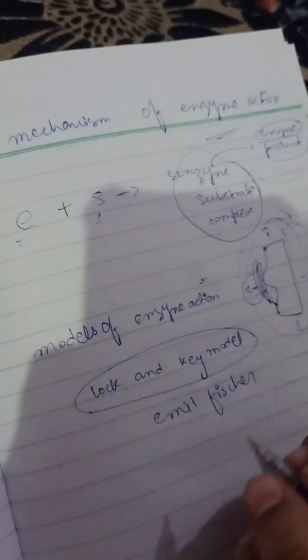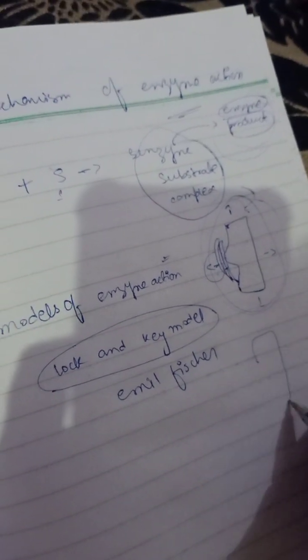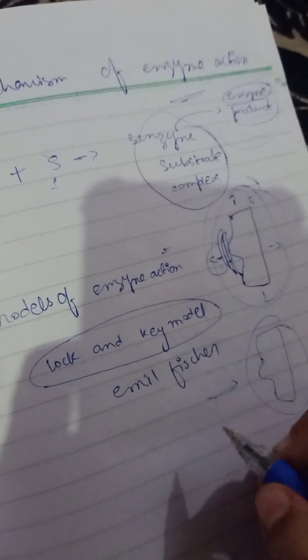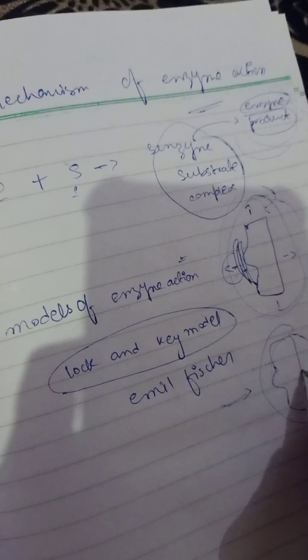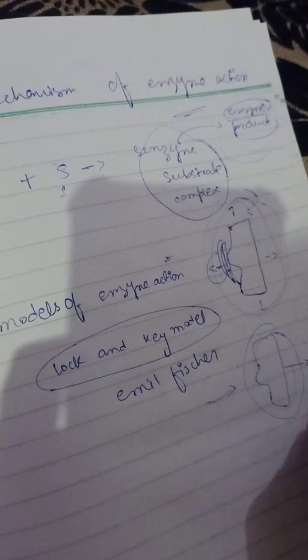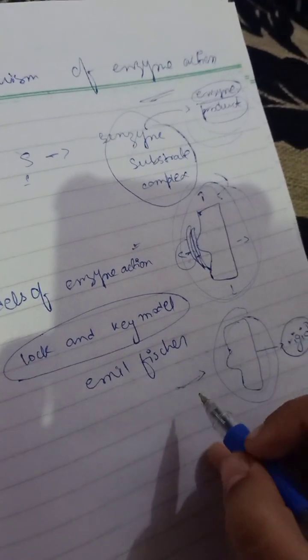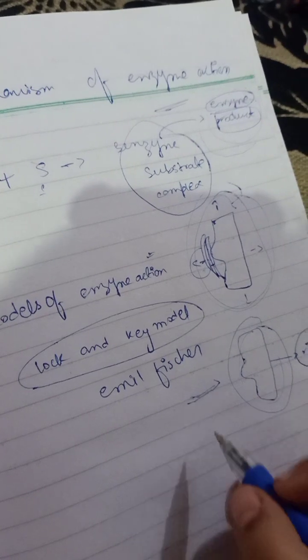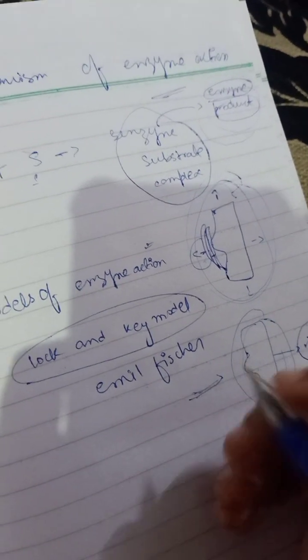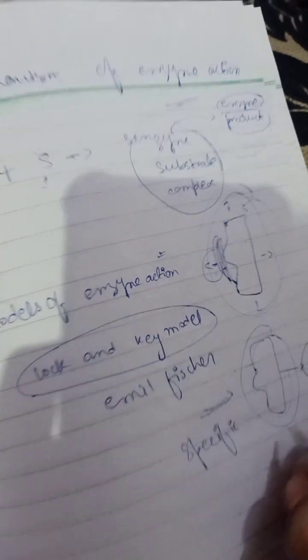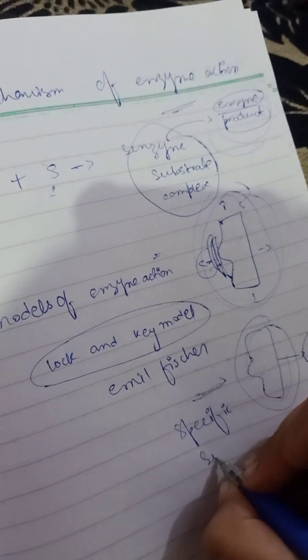He said that for any active site where a substrate combines, the active site is rigid, which means it has a rigid shape. So it will bind with only a specific substrate, just because of the rigidness.